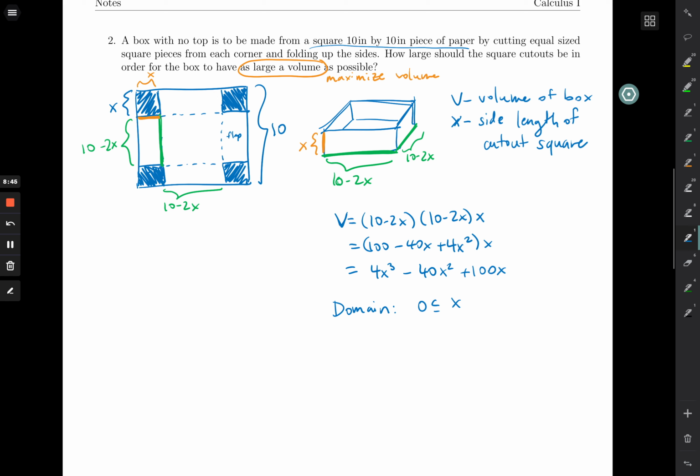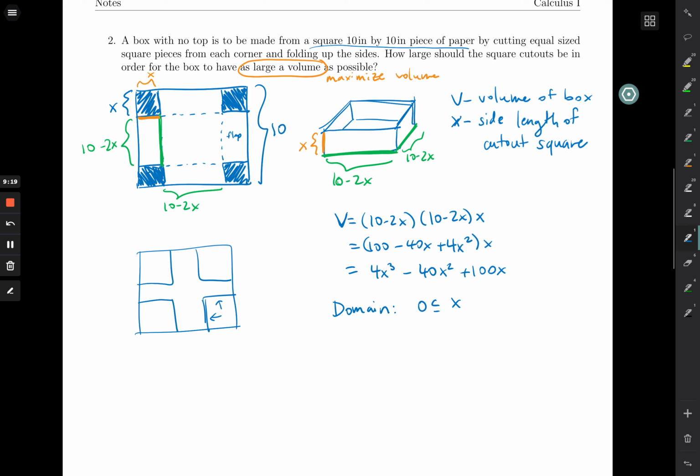We start with a 10 by 10 inch piece of paper, and so just imagine the worst possible case: if we were making really big cutouts and they were taking up most of the space, we could keep pushing these out more and more, and then in the end we would really just cut all the paper away and be left with nothing.